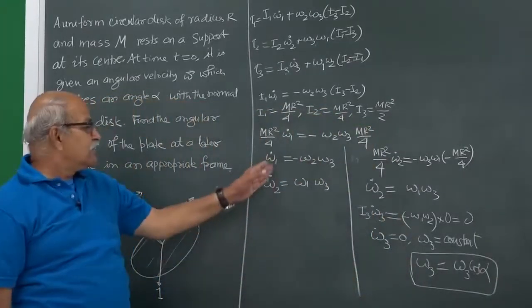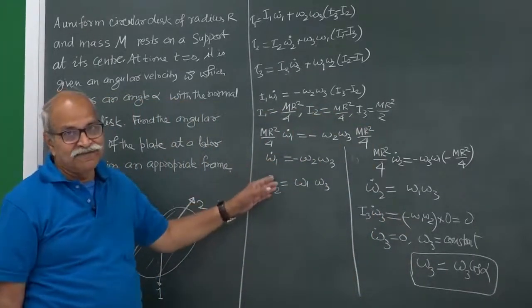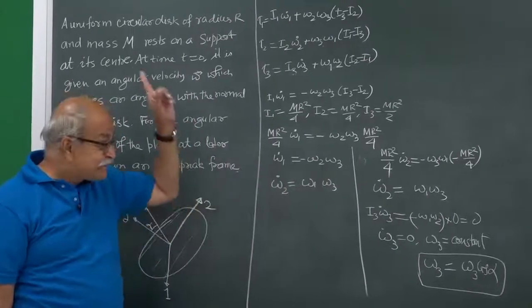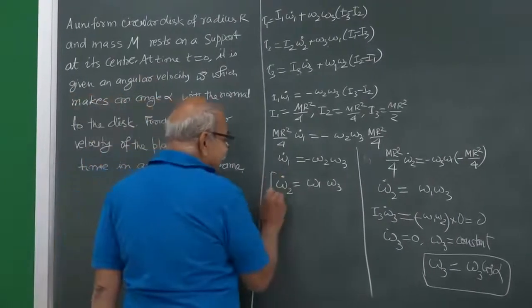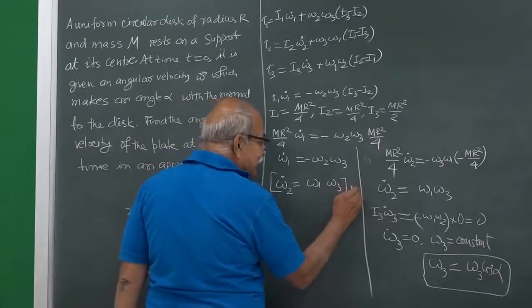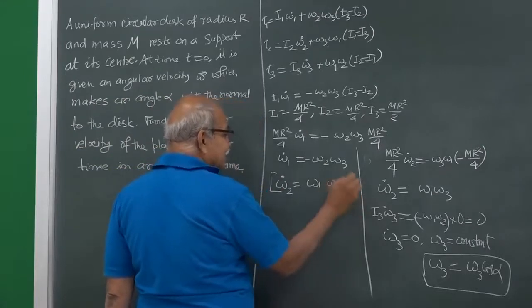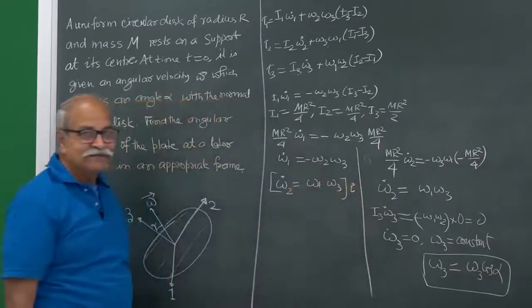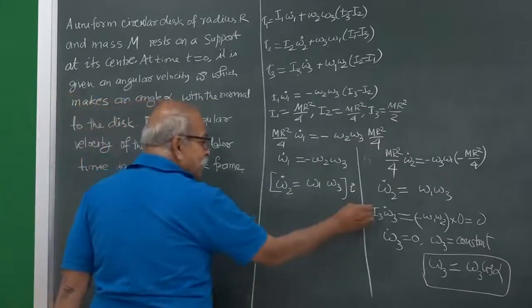Look at omega 1 and omega 2, and let me use that same technique I had done earlier, multiply it by i, where i is square root of minus 1, and add.